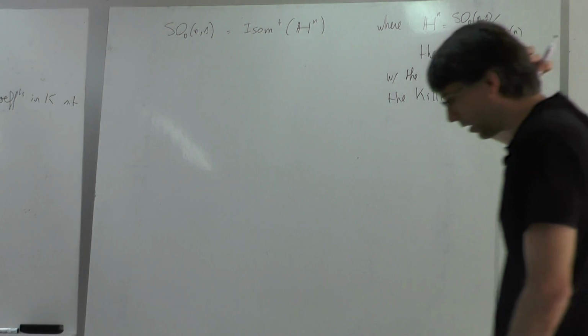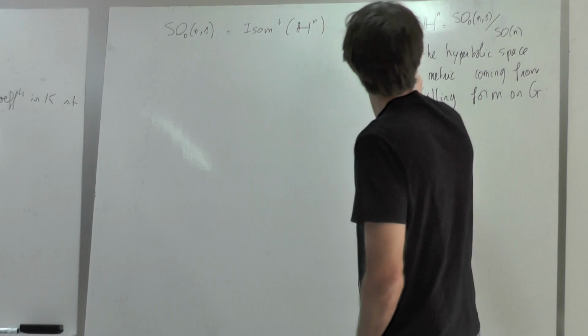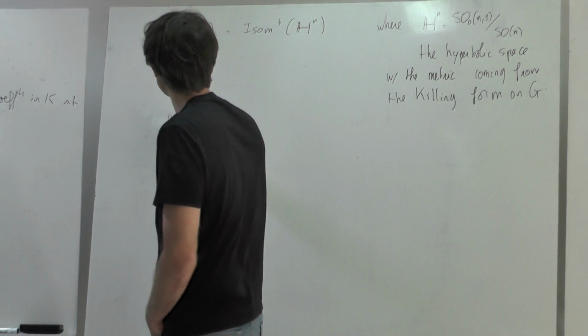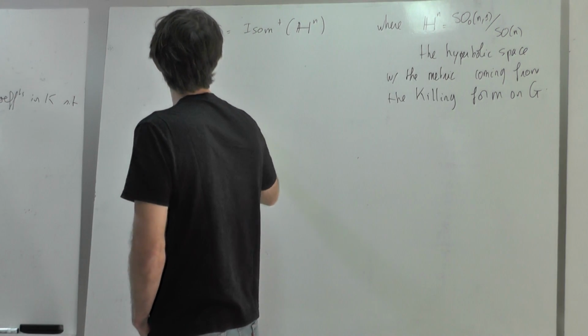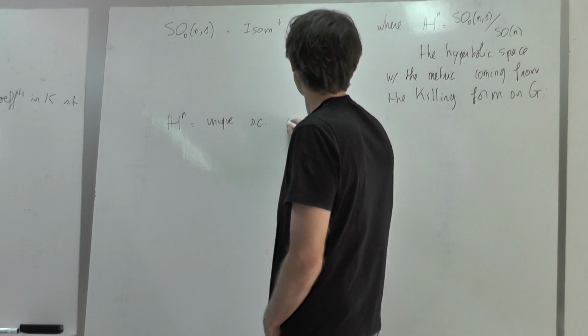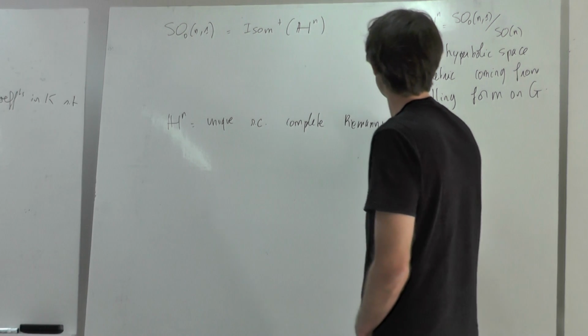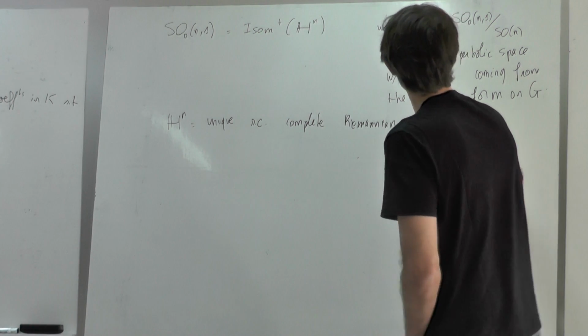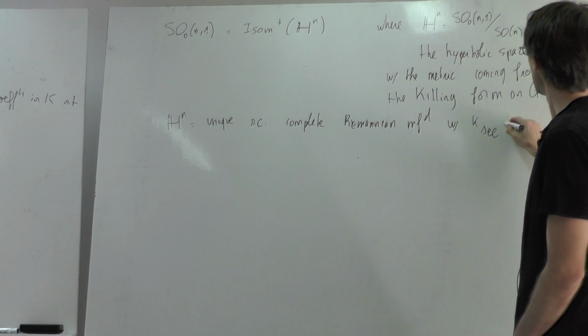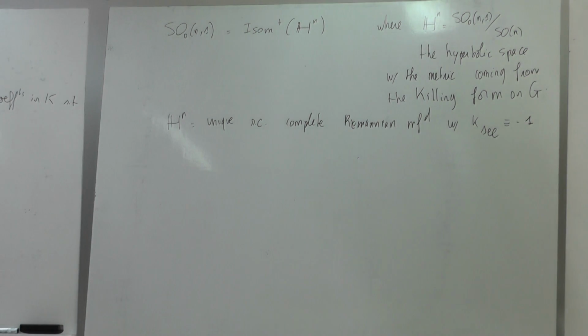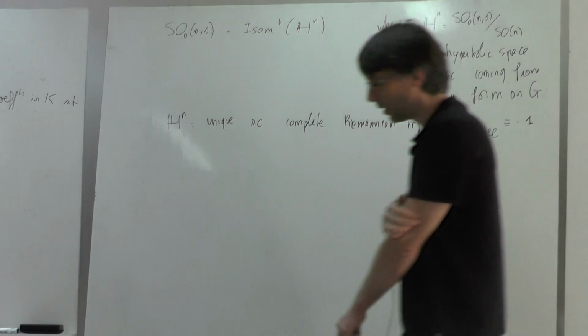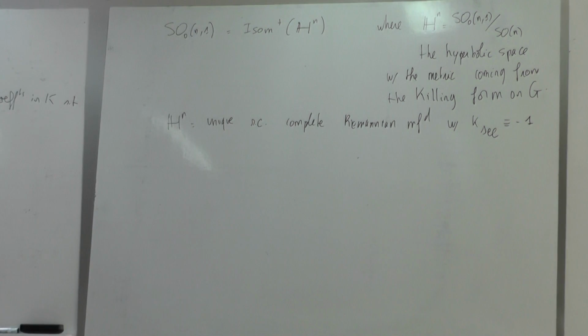And so this is the unique invariant metric, and H^n is the unique simply connected, complete Riemannian manifold with sectional curvature constant equal to -1. So we had this very nice geometry, and it was a question which is part of a larger program of Clifford and Klein. Does there exist a compact manifold which can be modeled on this geometry?